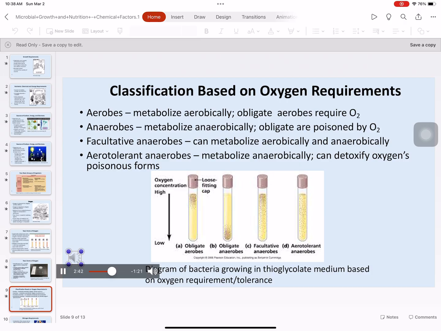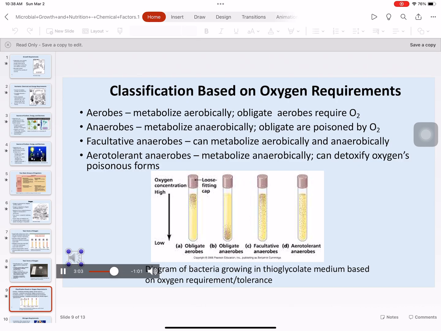Why? Well, I'm going to tell you another critical thinking thing. Where does one get more ATP? Through aerobic respiration, anaerobic respiration, or fermentation.